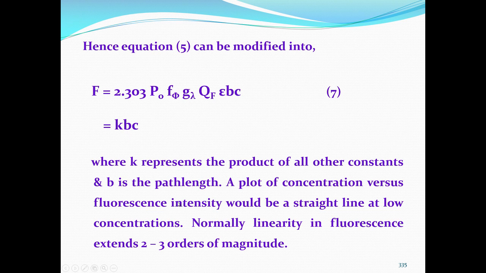So, this is something similar to Beer-Lambert's law now. Normally, linearity in fluorescence occurs over 2 to 3 orders of magnitude, because I can always extend the solid angle through which I can collect the fluorescence.